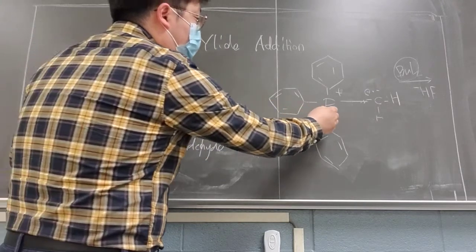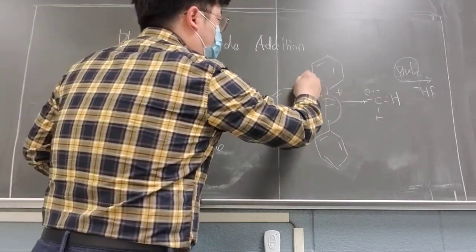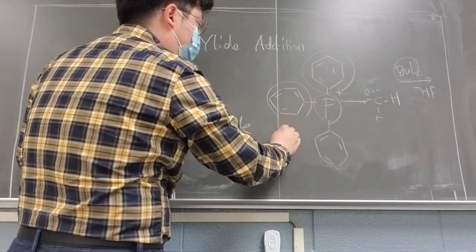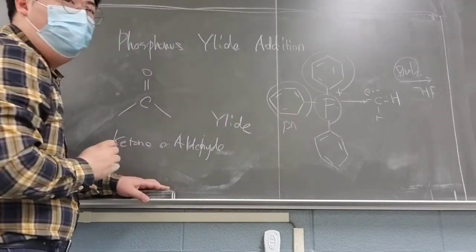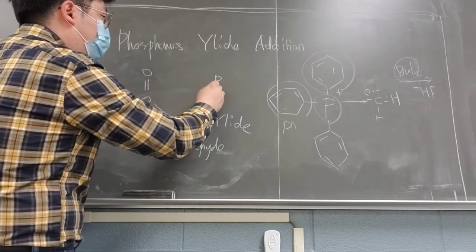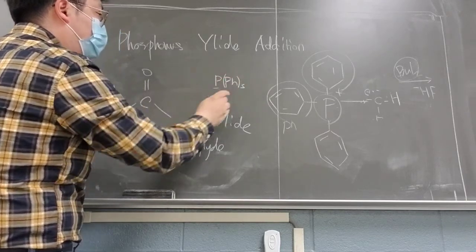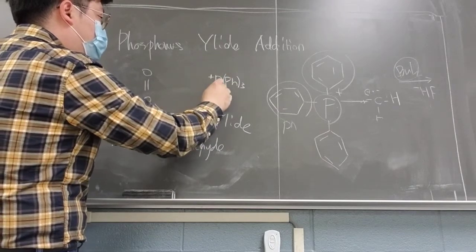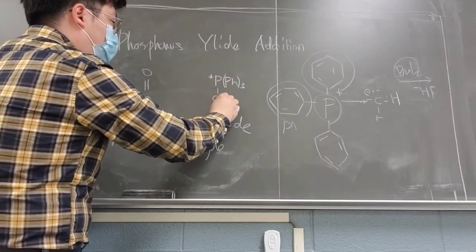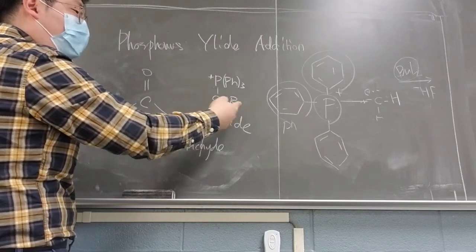So normally what we're gonna do is, this is too big to write, so I'm gonna abbreviate this part as a phenyl group, which I'm gonna write as Ph. So I'm gonna write in this way. P, this is the phosphorus, Ph is a phenyl group, 3. Positive charge with carbon with R groups, could be 2H, 1H, 1R, either way.